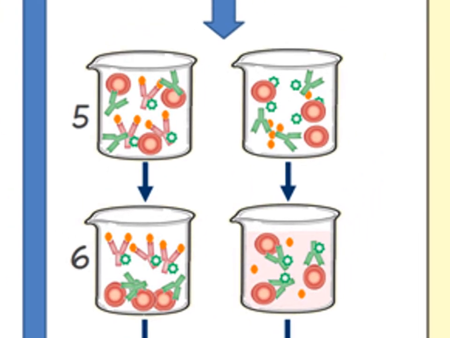This is a stage number 4, or a step number 4. To determine if the complements are fixed, now we add sheep red blood cells and the antibodies against them into the samples. This is step number 5. In the exposed or sick individuals, presence of antibodies against the pathogen means that the complements are already attached to the antibody-antigen complexes, as you see in the diagram.